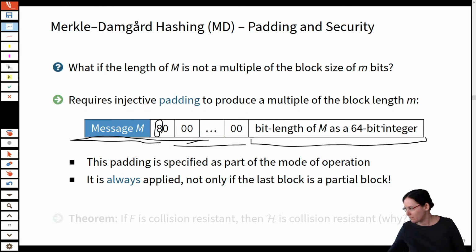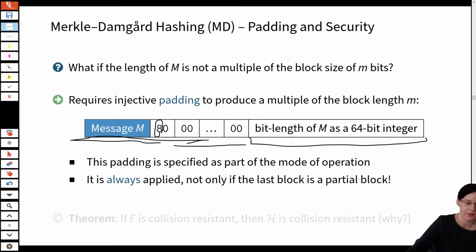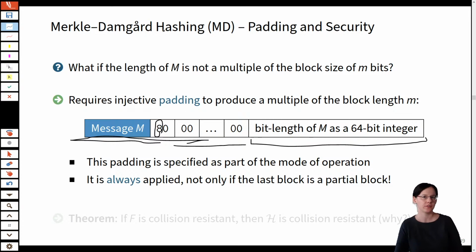And which padding exactly to use is generally not up to the person who uses the hash function, but this is specified as part of the hash function. And this padding must always be applied, not only if the message is not exactly a multiple of the block size. And we will see in a moment why adding this length actually makes sense.